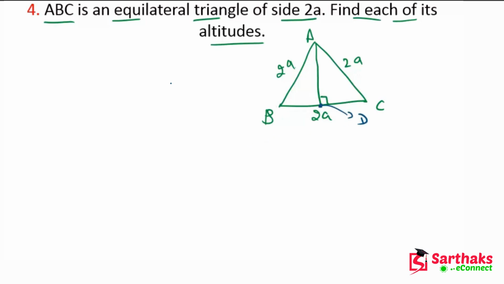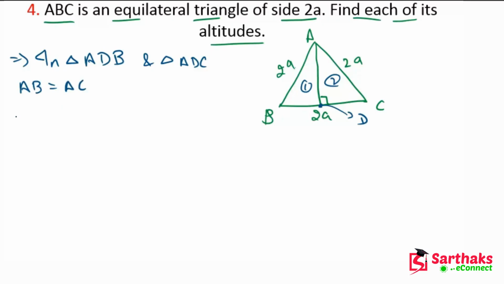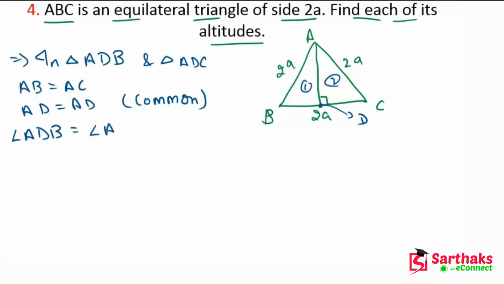Okay, now in triangle ADB, triangle 1, and in triangle ADC, second triangle, we have AB is equal to AC by equilateral triangle property, because all the sides are equal, and AD is equal to AD, which is the common side, and angle ADB is equal to angle ADC, which is 90 degrees.